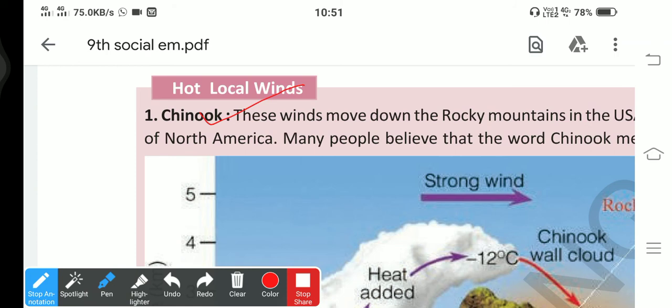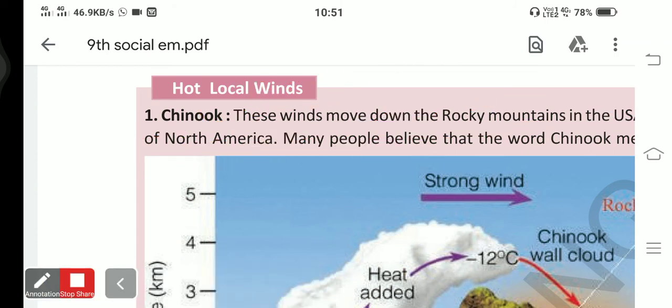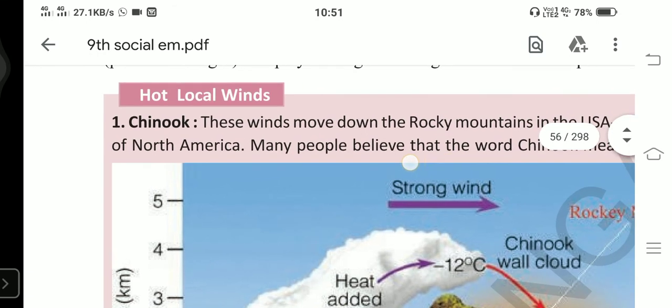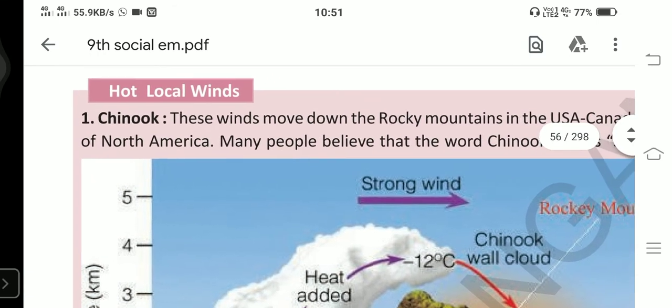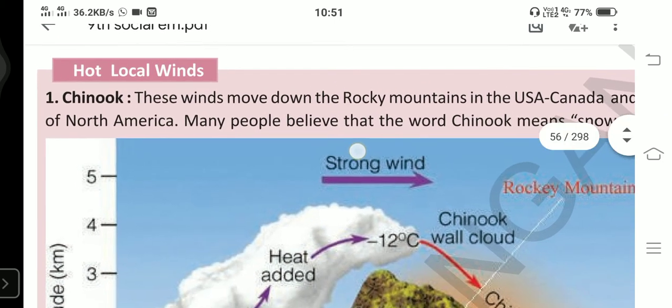These are the hot local winds. Some examples of hot local winds are given here. Chinook. Chinook is a hot local wind which blows in America. Okay, it moves down the Rocky Mountains in the USA and Canada.